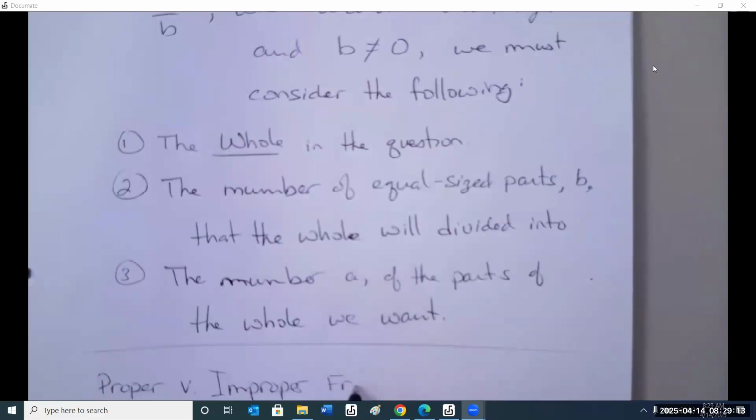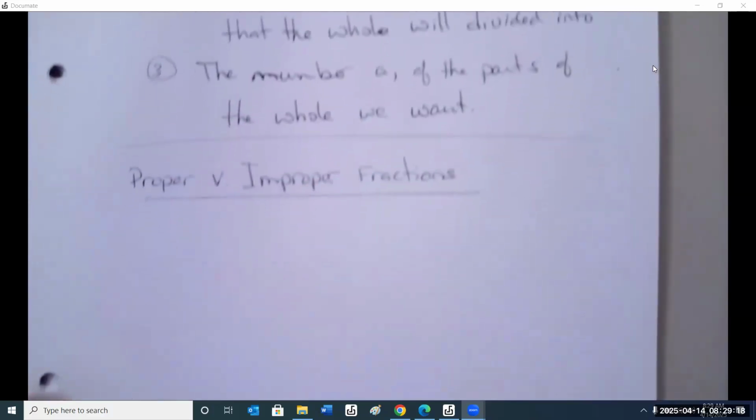Proper versus improper fractions. What's the difference?